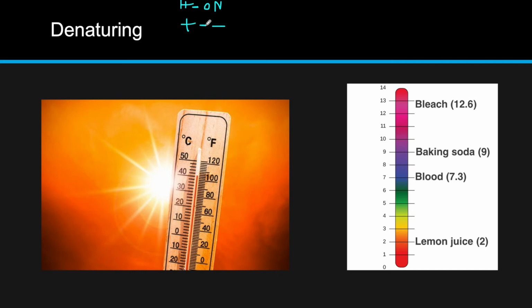proteins together. And what happens is, for one example with heat, when you start increasing the temperature, there's going to be more and more energy. And the more energy there is, think about a gas. It's very random, it's very wild, there's lots of movement. So these intermolecular forces are broken.